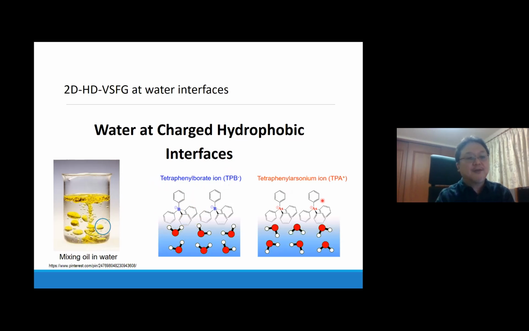The other molecule is the tetraphenyl arsonium ion, TPA plus, which at the center has a positive sign, again surrounded by four phenyl groups. The phenyl is certainly very hydrophobic. So we study the water at these positively and negatively charged hydrophobic interfaces.